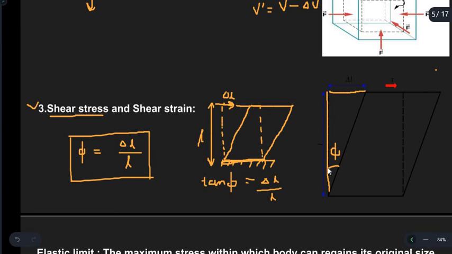If this angle phi is very small, up to 3 or 4 degrees, then you should remember that tan phi is almost equal to phi. So we have directly approximated and written that phi is equal to del L upon L. Clear? I guess it is easy to understand up to this. And if you have a problem anywhere, let me know in the comment box.